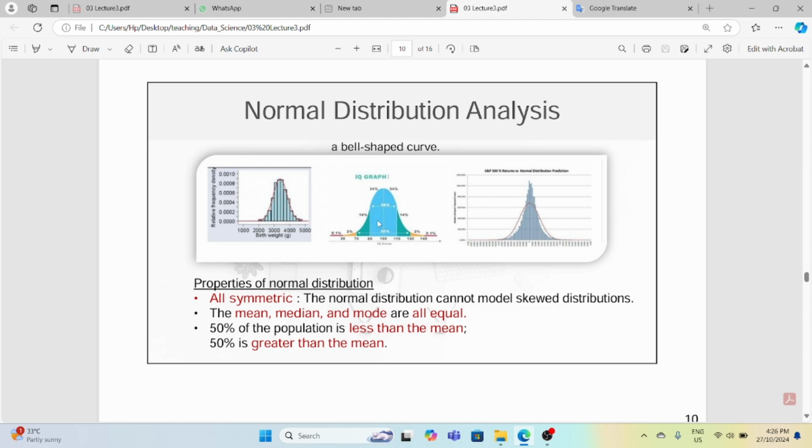Okay, the mean, median, and the mode are all equal. 50% of the population is less than the mean, and 50% is greater than the mean. It's the average. 50% of the population is more than the average, 50% is less than the average. So it means that we have a normal distribution in our data.